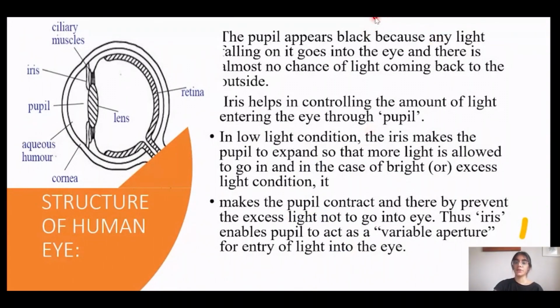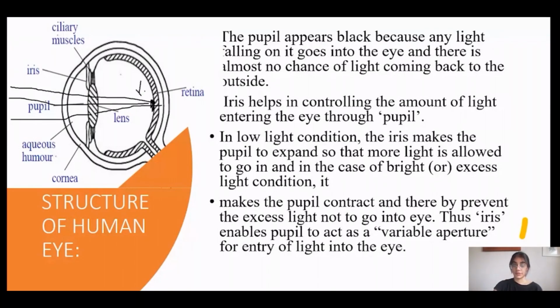So the pupil appears black because any light falling on it goes into the eye, and there is almost no chance of light coming back to the outside. Usually light is coming in a certain direction. It enters the pupil, and after some points of refraction, it will form the image right here. This is the point-like image which is formed.